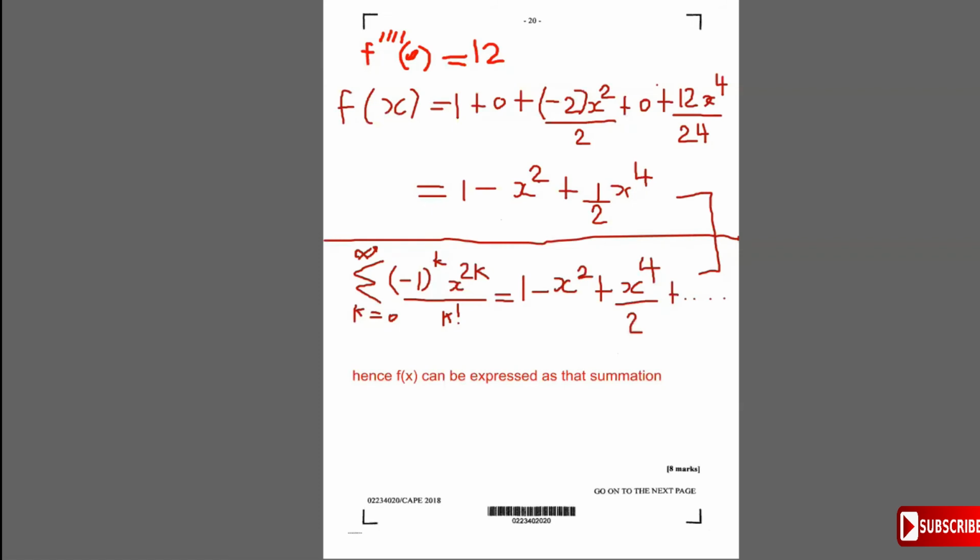So we need to determine the values of x for which this expansion is valid. Okay, let's see how we're going to determine the values of x where this expansion is valid. If we were to plug in, let me look back at the original function.